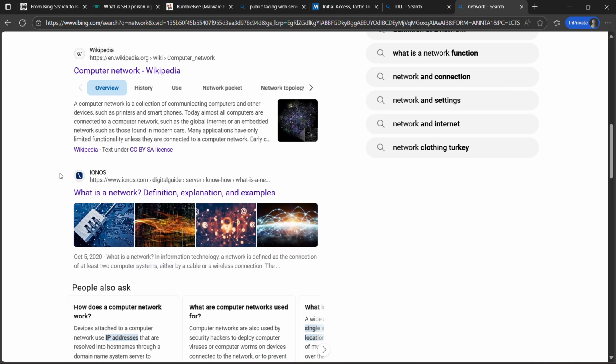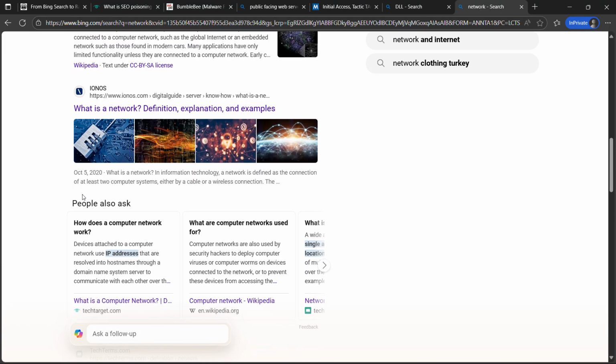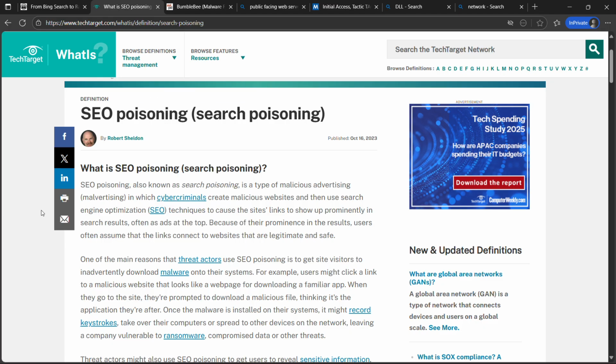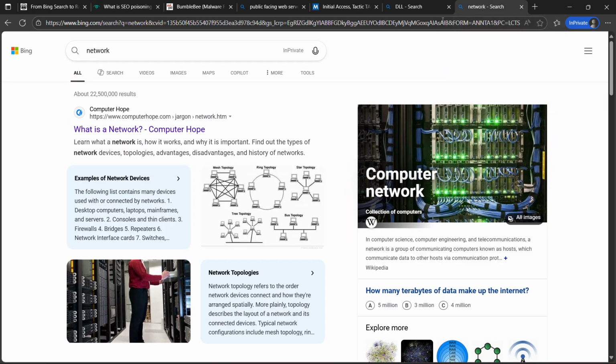Most people don't bother scrolling down because it's already there, right? This is what you're searching for. And what they do is they put a malvertisement. Malvertising, yeah, malicious advertising, so that when people click it, they're redirected to a malicious website and then they're attacked there.